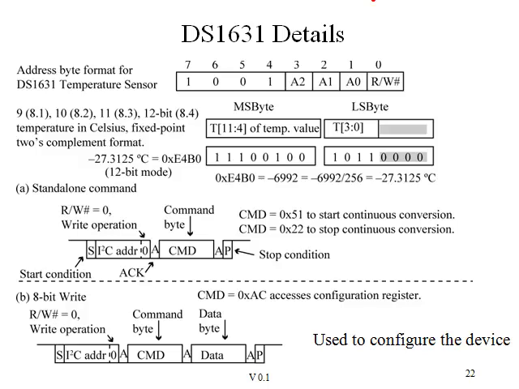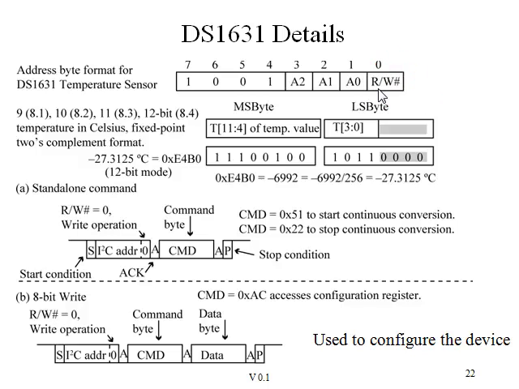For the DS1631, the top 4 bits of the address are 1001 for this class of device. The next 3 bits are those 3 address bits. Since we've wired all 3 pins to ground in this example, those 3 bits will be ground. And then last but certainly not least, the read-write bit will specify whether we're doing a read or a write.